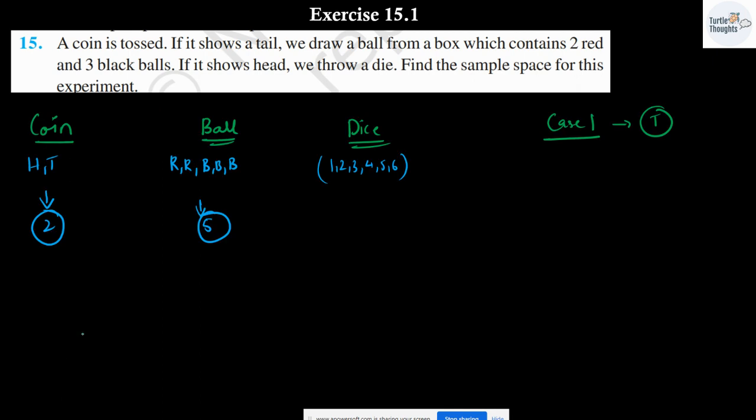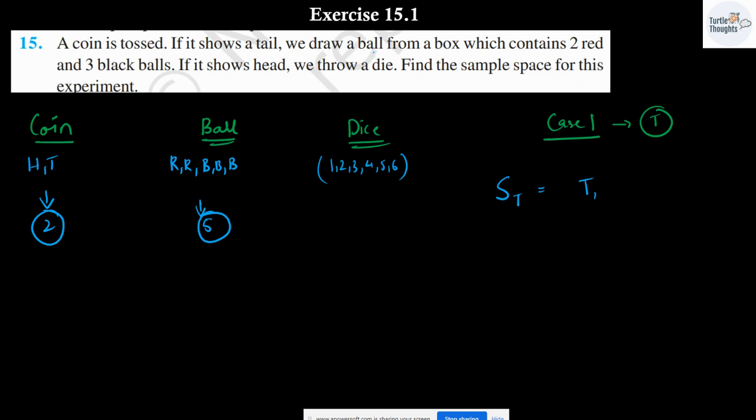First, if a coin is tossed and then a head is shown, we draw a ball from the box. So I will start by writing ST, which is the sample space, whenever the coin is tossed and I'm getting a head. So whenever I get a head, I can choose one ball from the box.